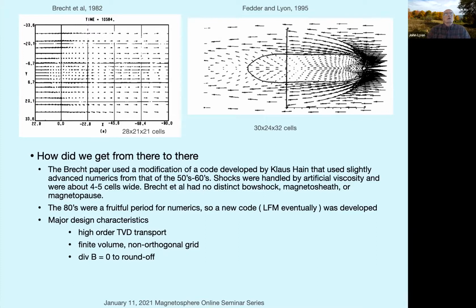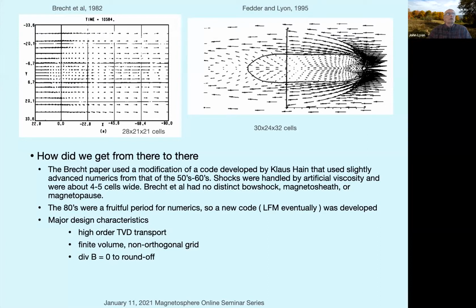It used a code that had been developed by Klaus Hain. Actually, at NRL, they were doing bomb work. They were calculating things that went boom in the atmosphere, or above the atmosphere, in the ionosphere and above.